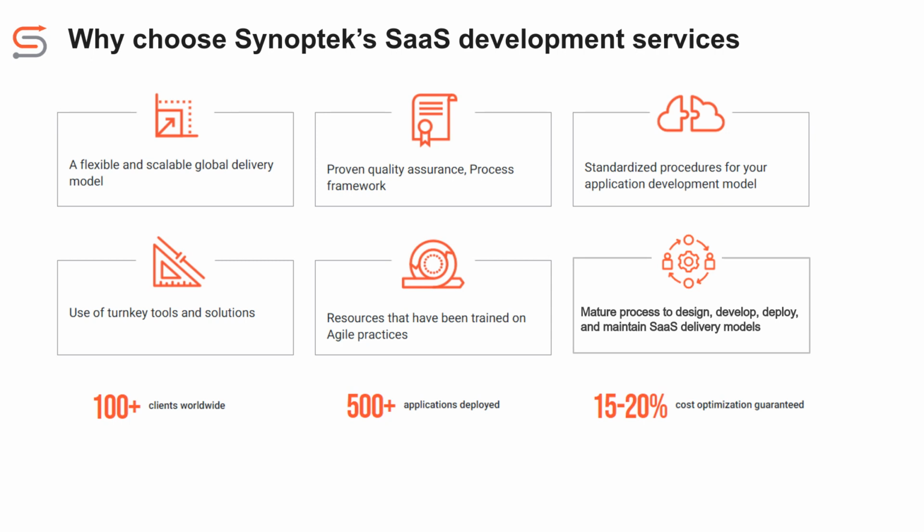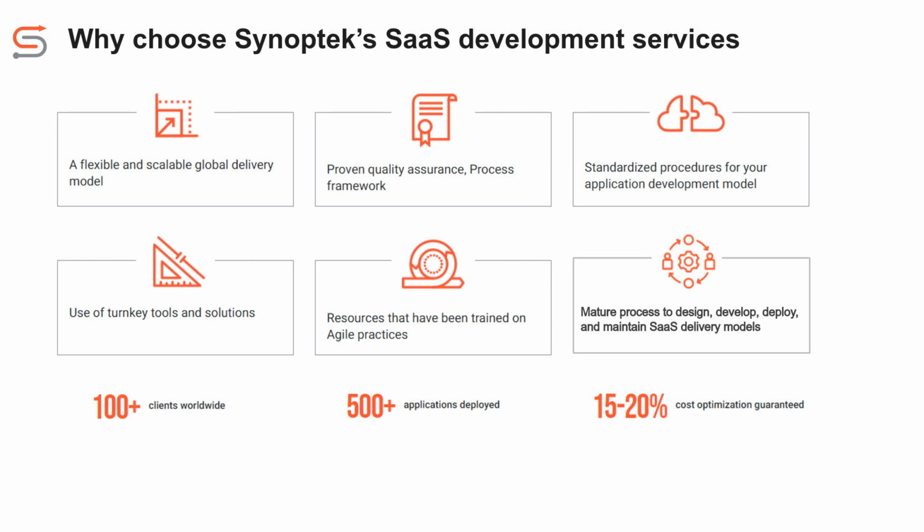The specialized support services that we provide in terms of managing and maintaining this application follow the Sun approach, a 24/7 support model that Synoptic has. We provide the turnkey tools and solution usage so that you can build the application based on the needs that you have. And one of the things where we, as Synoptic, feel proud about is that more than 95% of our resources are certified in their respective area.